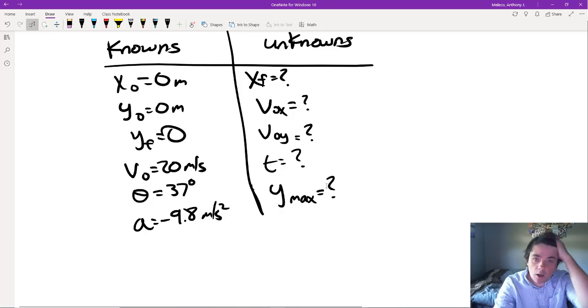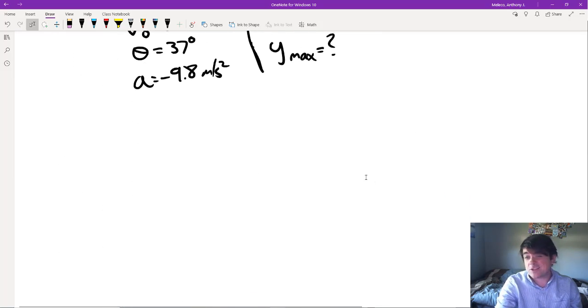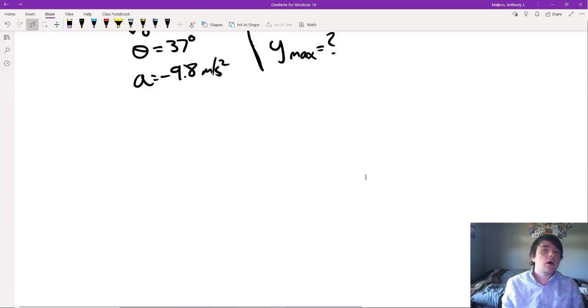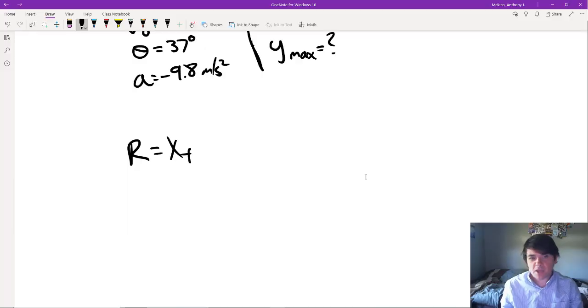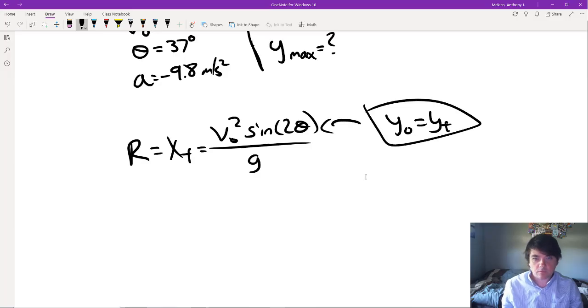So, there's a couple ways to approach this. We can actually get X final first if we use the range formula. I think that's fine. We can just go ahead and do this real quick. It doesn't take too much time. And we can use this because Y initial equals Y final. You need that to be able to use this.